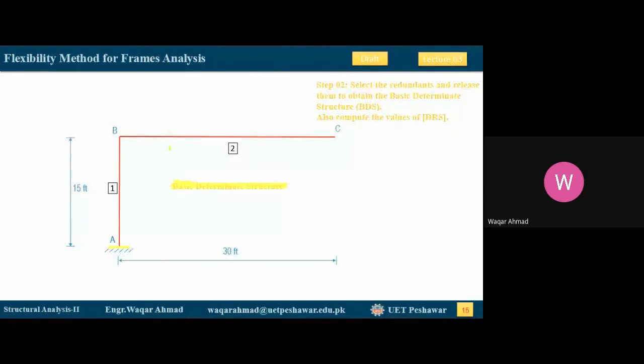So when you apply a point load, it means there will be no unit load applied at that time. So they will be covered in separate steps here. So now let's discuss them in step number 3.